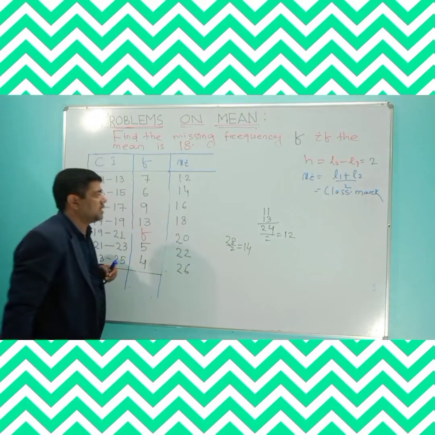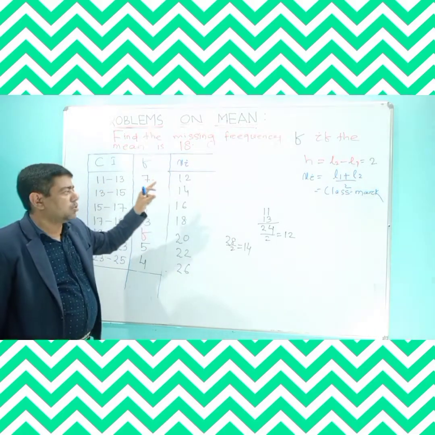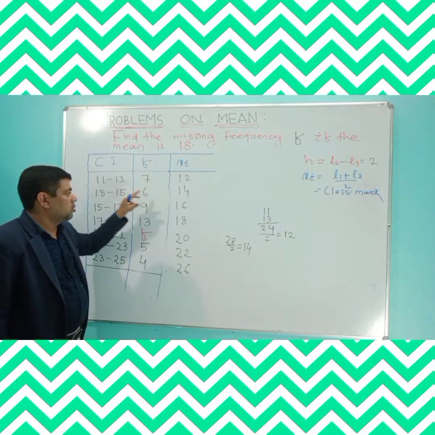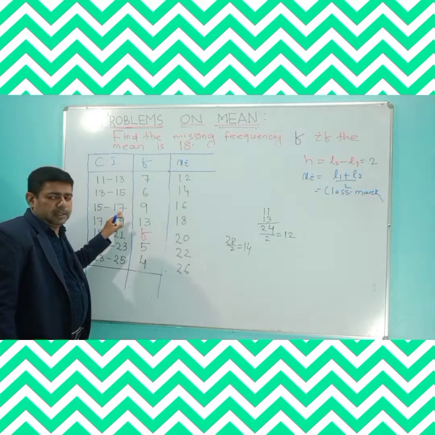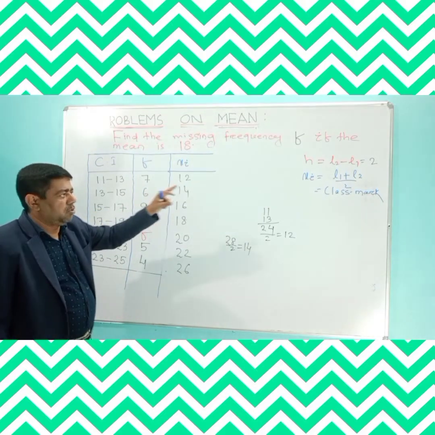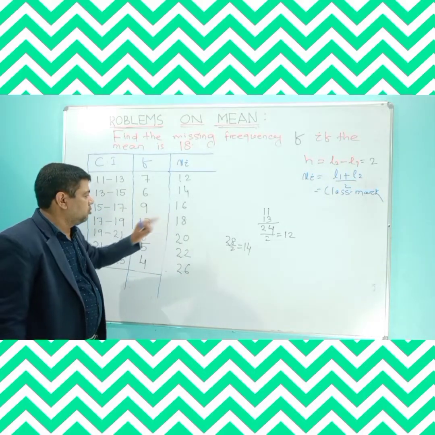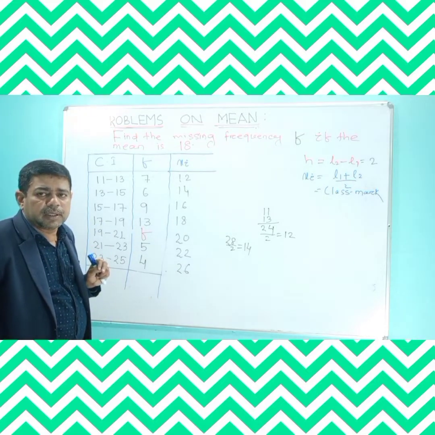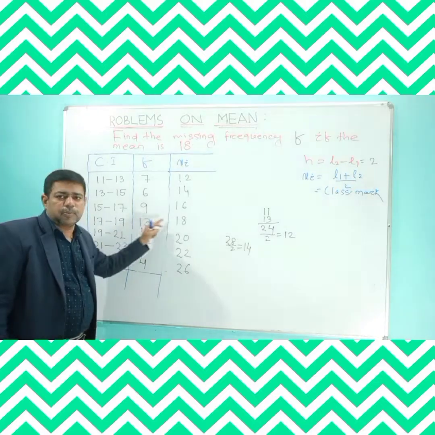Once again, you can check: 11 plus 13, which is 24, by 2 is 12. And 13 plus 15, 28 upon 2 is 14. 15 plus 17, using the formula L1 plus L2 by 2, is 32 upon 2, which is 16. 17 plus 19 is 36, and 36 upon 2 is 18.